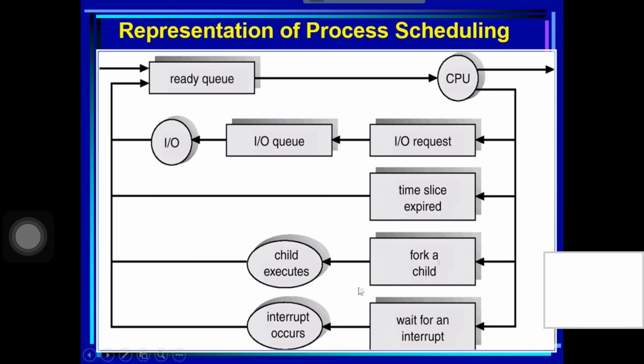Okay, when the child process finishes its execution, the parent process waiting for its termination will be put back into the ready queue, waiting for the next scheduling. Okay, for the next time to be allocated the CPU.